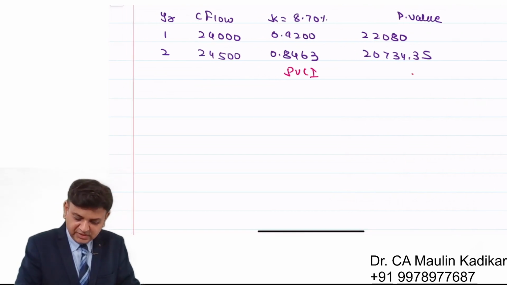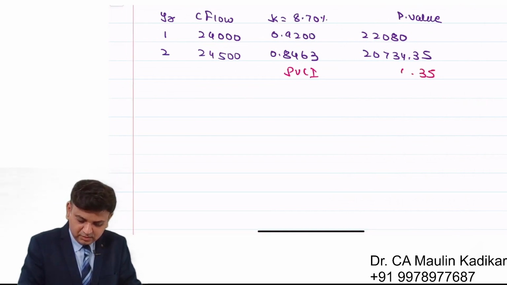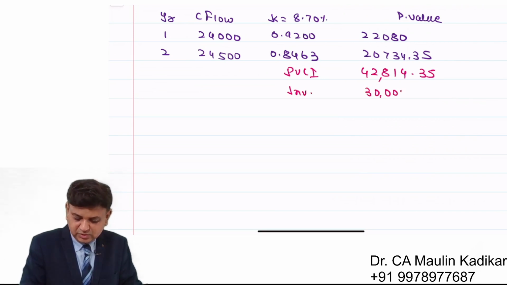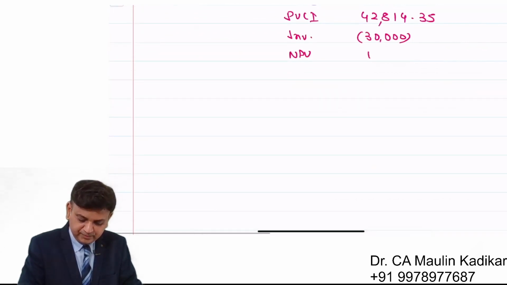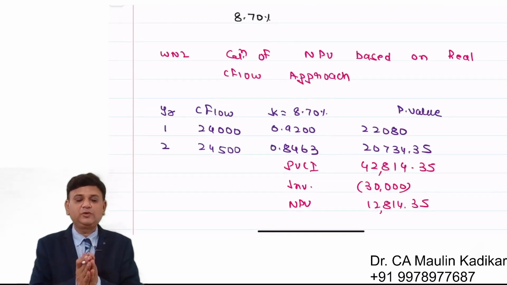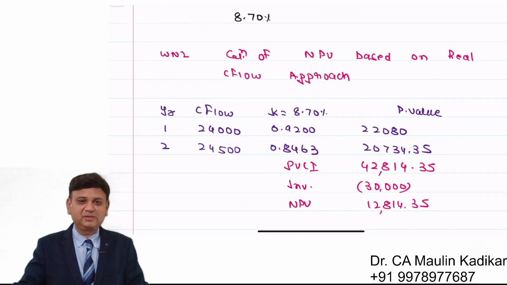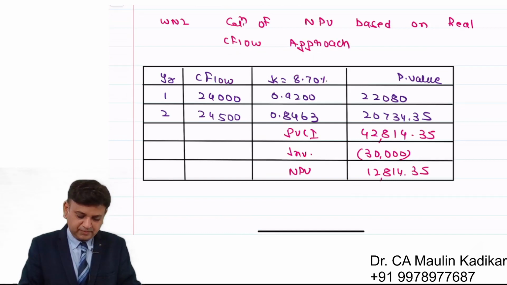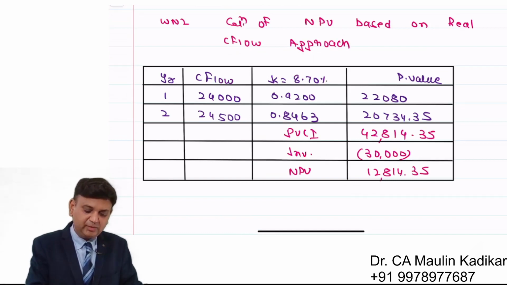So the present value of the cash inflow is 42,814.35. Amount of investment is 30,000. The difference of both of them is NPV, 12,814.35. I request all of you to write down the answer: NPV based on the real cash flow approach. Now write down the heading: nominal cash flow approach.